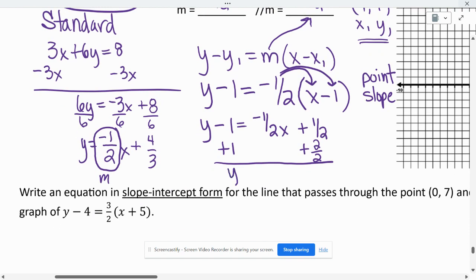So y equals negative 1/2 x, 1/2 plus 2/2 is 3/2. This is my equation in slope intercept form.